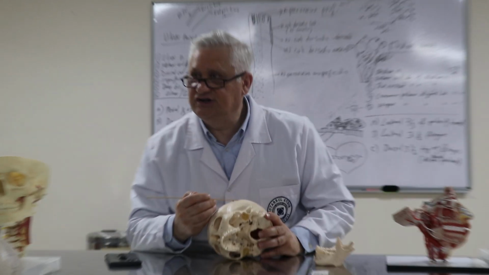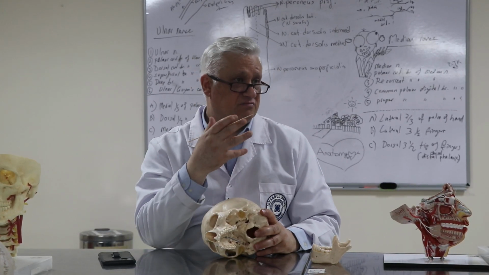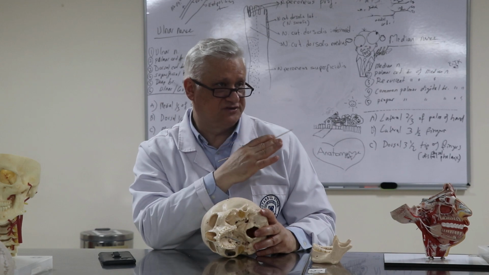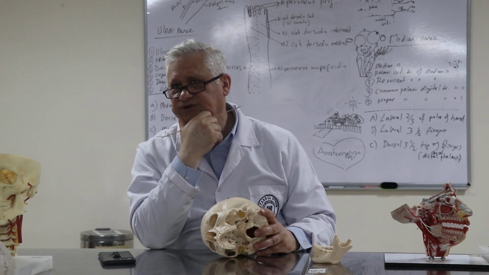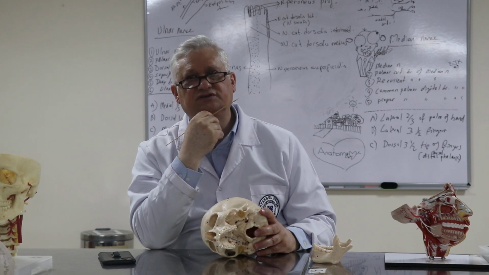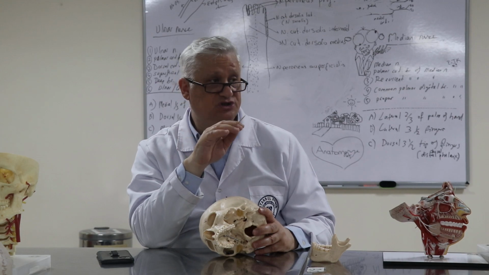Lesser occipital, right. So you have to say the nerve. Okay, but the nerve is a branch of the cervical plexus. I'm not asking that. So the nerve's name is lesser occipital. Okay, so the cervical level is what? It's C2.